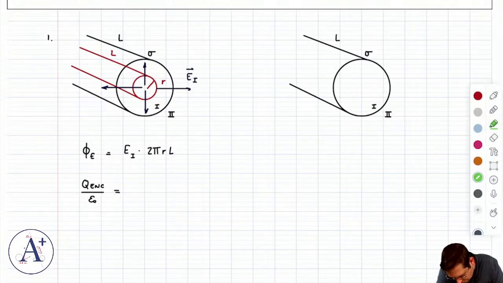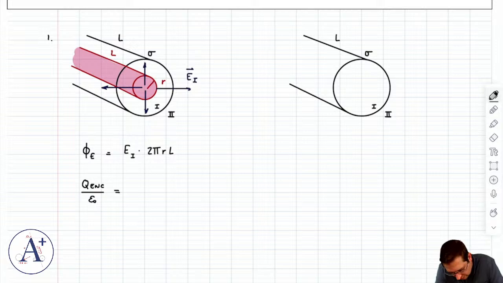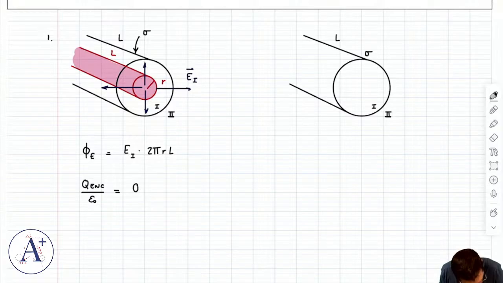How much charge does my Gaussian cylinder enclose? The answer is none at all, because it's a hollow cylinder. The charge lives on the surface of the metallic cylinder, but everywhere inside the cylinder is basically air. There is no charge, so Q enclosed is 0.